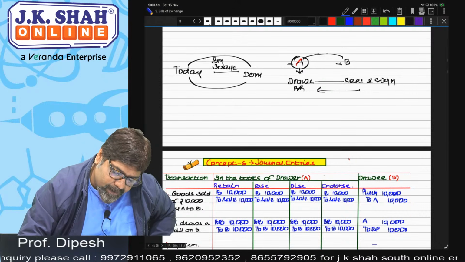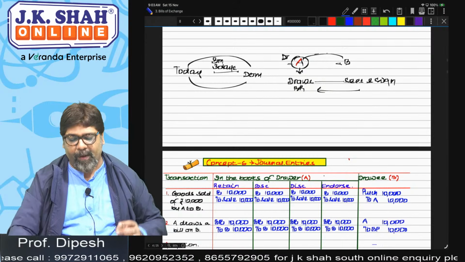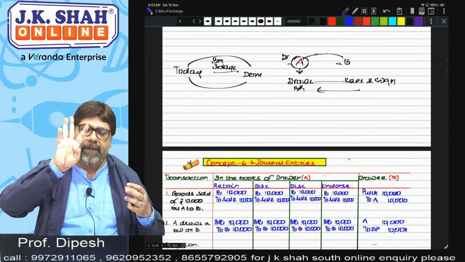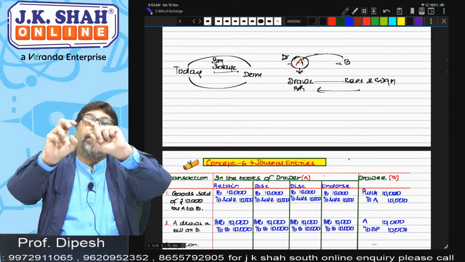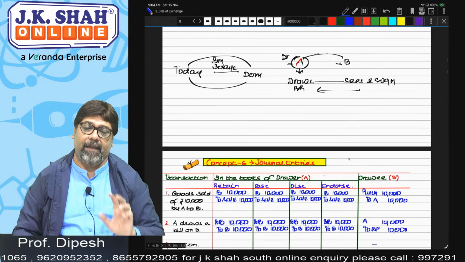During this period, what will the drawer do? A is the drawer and B is the drawee. What will A do with the bill for these 3 months? Because the bill will mature after 3 months, 3 days.